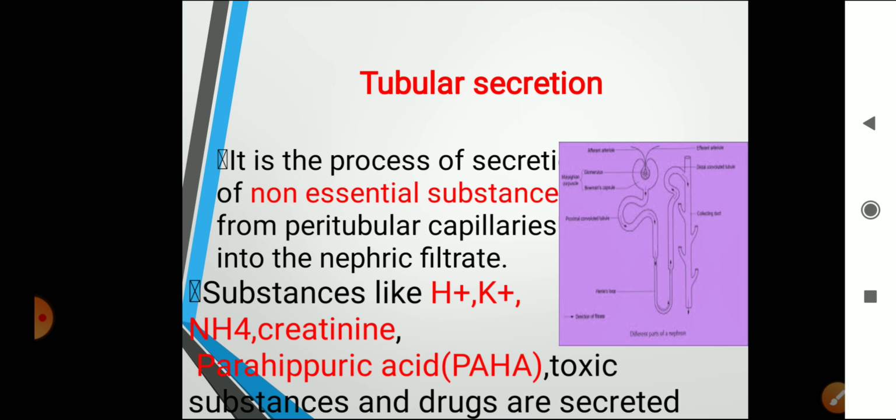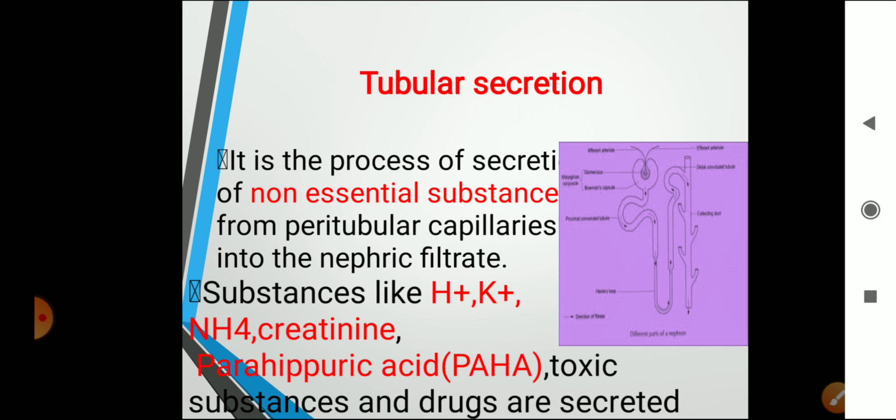The substances like hydrogen ions, potassium ions, ammonia, creatinine, parahippuric acid, toxic substances and drugs are secreted from the peritubular capillaries. So tubular secretion is just the opposite of tubular reabsorption.